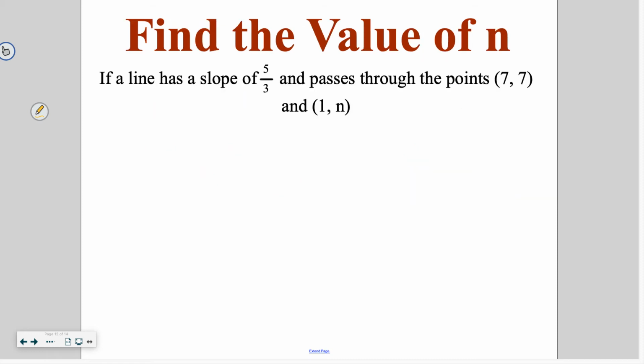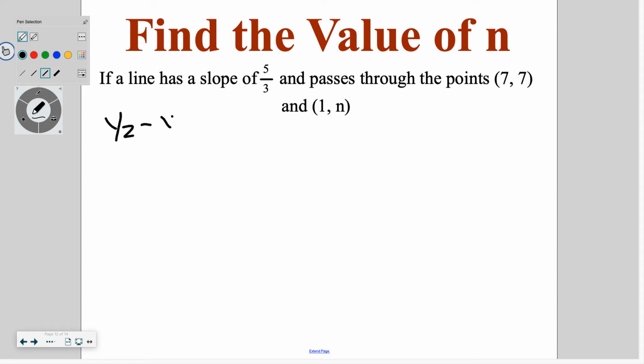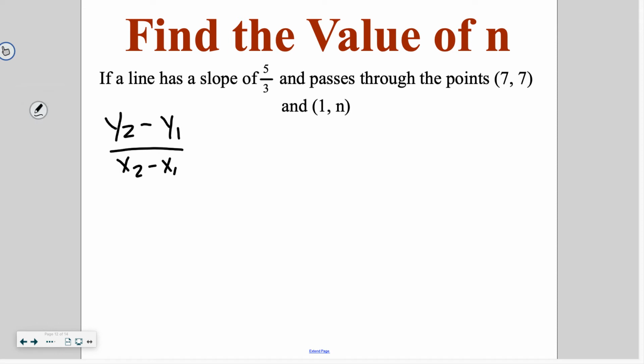The last thing we're going to talk about today is how to use the slope to find a missing coordinate from an ordered pair. We want to set up using our slope equation, which again was y2 minus y1 over x2 minus x1.